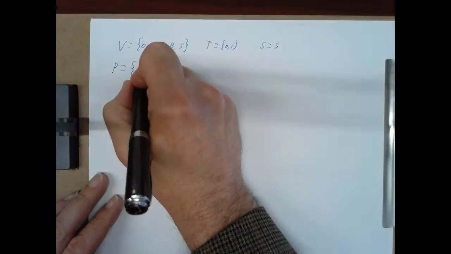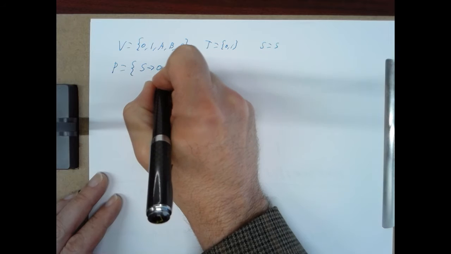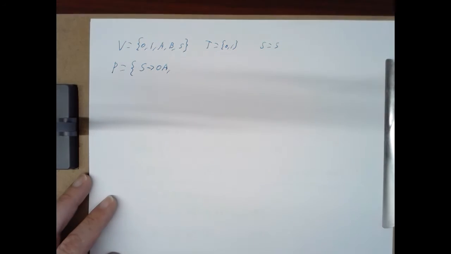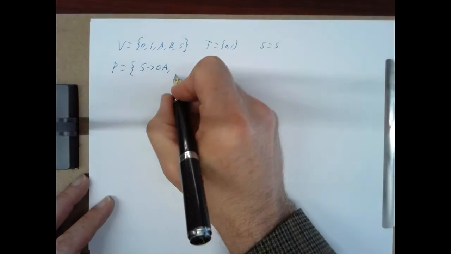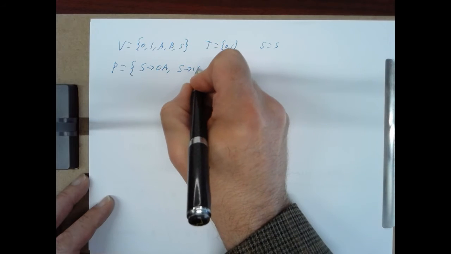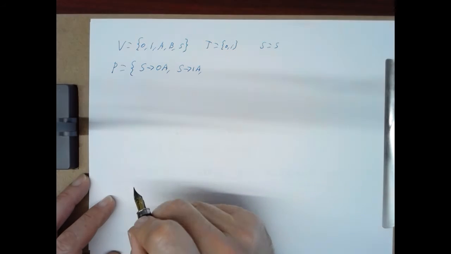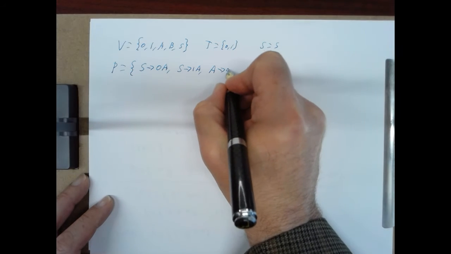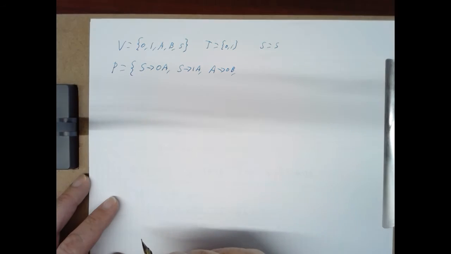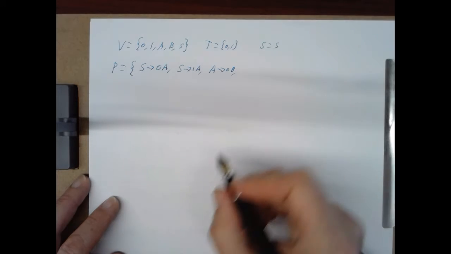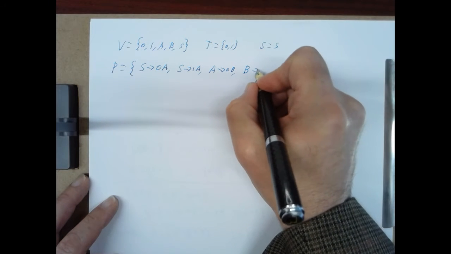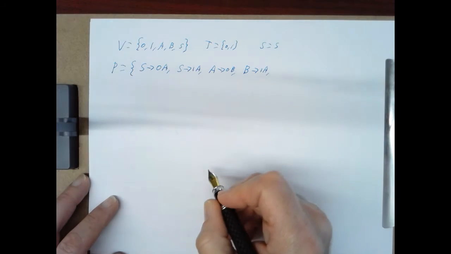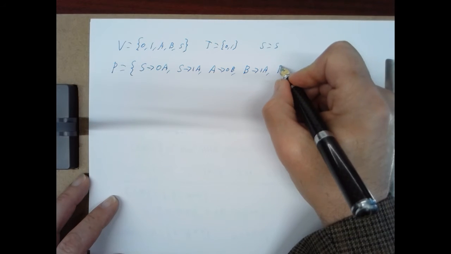So S can change into 0A. S can change into 1A. A can change into 0B. B can change into 1A, and B can change into 1.